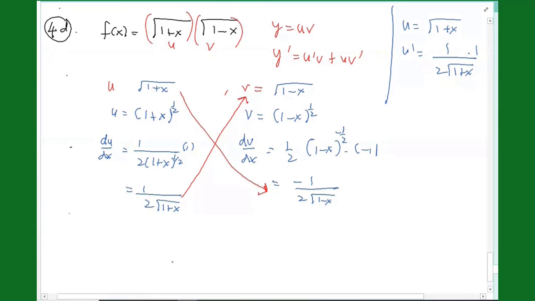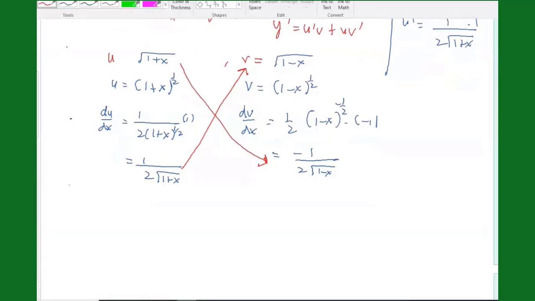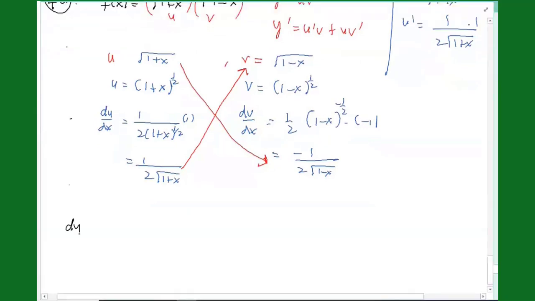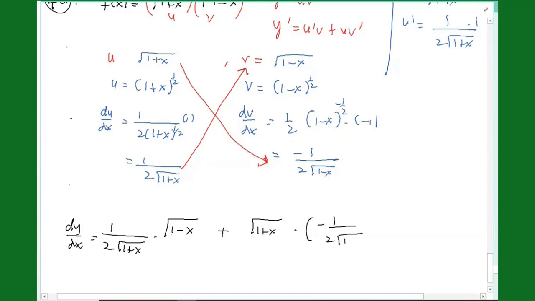And then dy dx is 1 over 2 square root of 1 plus x times v, plus square root of 1 plus x times negative 1 over 2 square root of 1 minus x. Okay, just alternate, no need to think, but make sure this one is plus. If you do minus, finished, because confirm there is an option with minus.